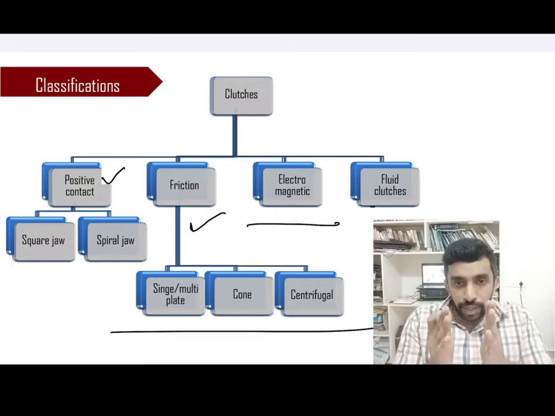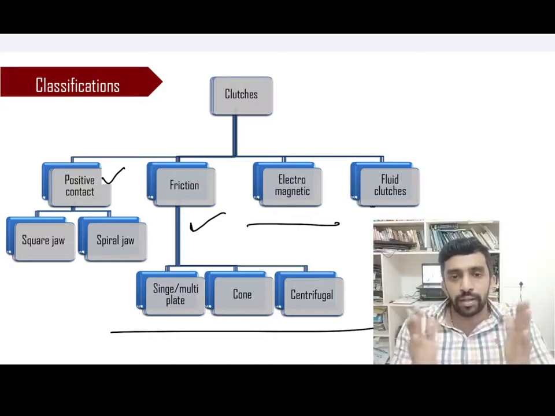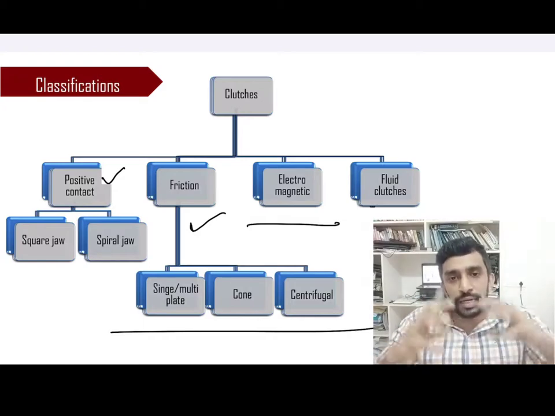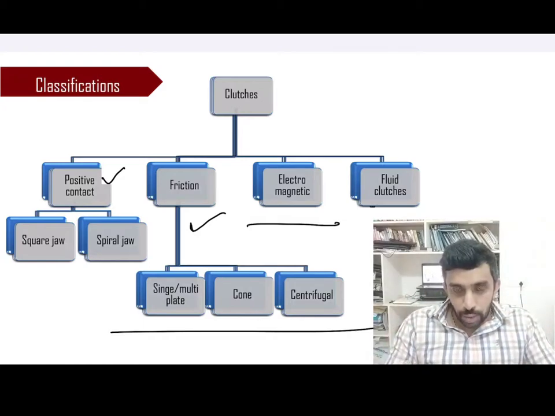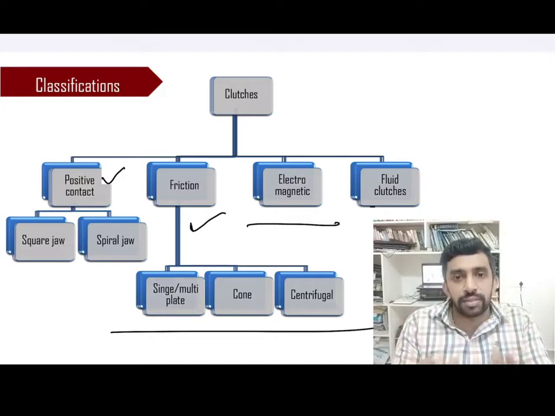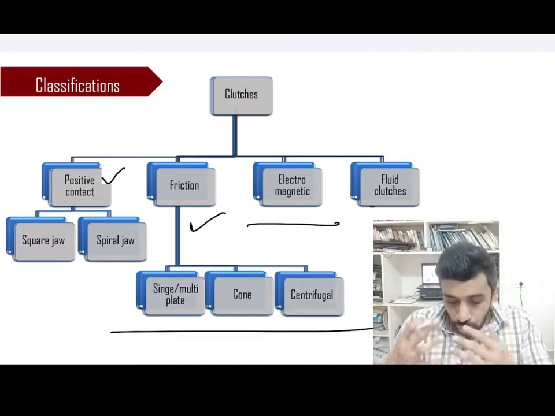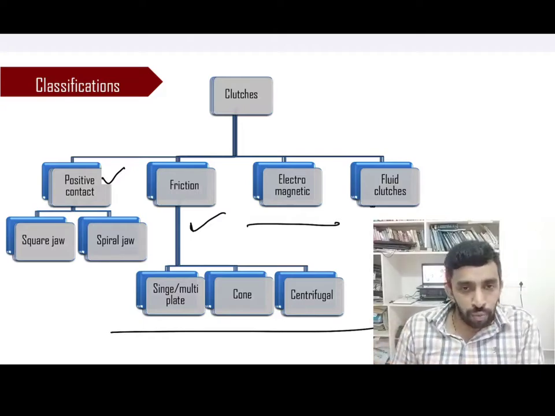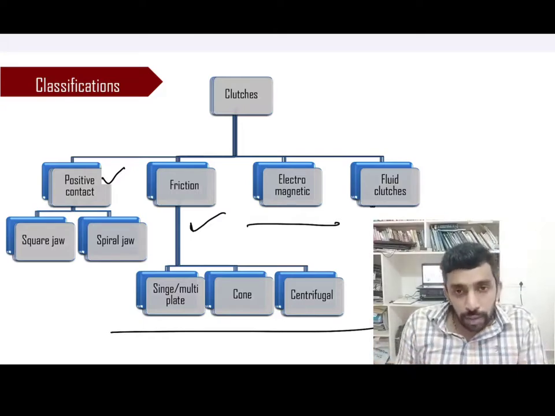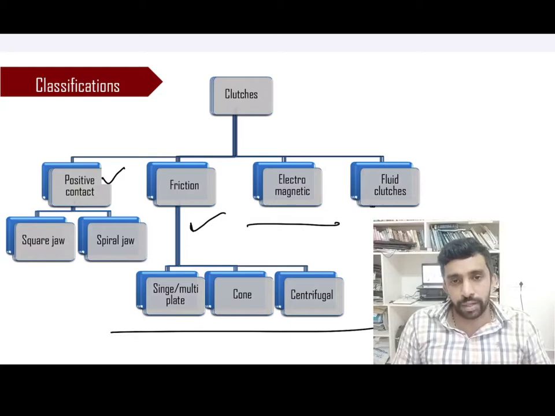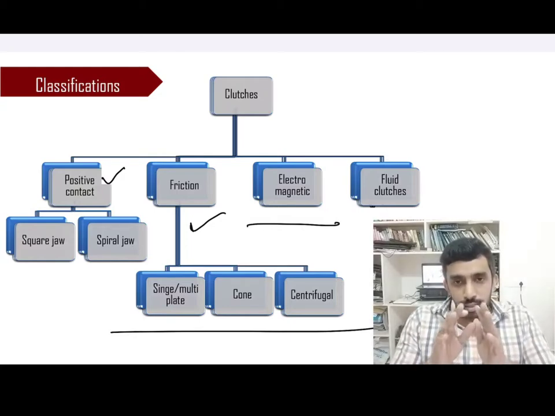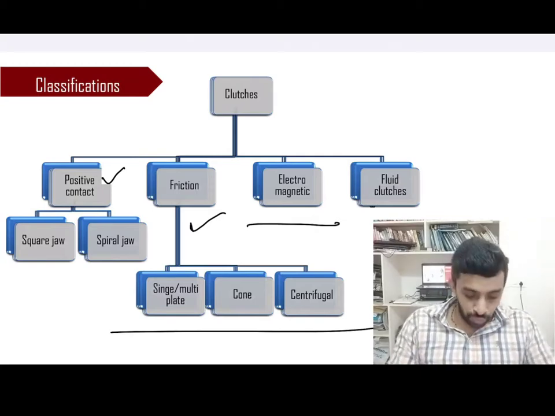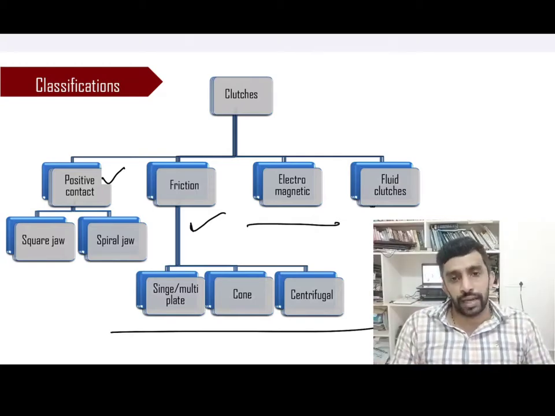But this process has to happen under the influence of a certain amount of force, and that force is supplied by different means. That difference itself is the classification of clutch. If you use some fluid for this process, it comes under the fluid clutch. If you are using electromagnetic principles, that comes under the electromagnetic clutch. So simply, based upon the nature of the application of load, we can classify the clutches.